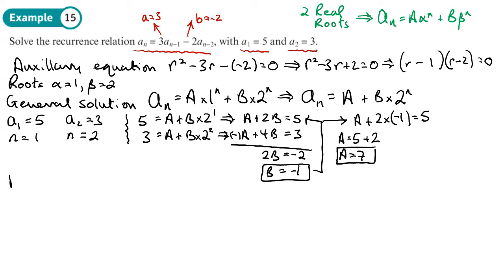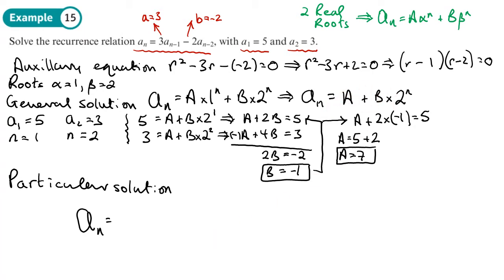So now I can write the particular solution. So my particular solution, all I do is replace my arbitrary constants a and b from my general solution with 7 and -1. So I will have a particular solution of an equals a times 1 to the power n. Now we said it was just our general solution, it can be written like this.